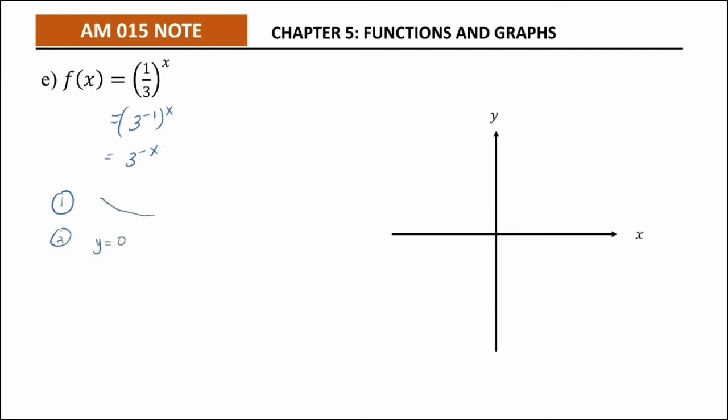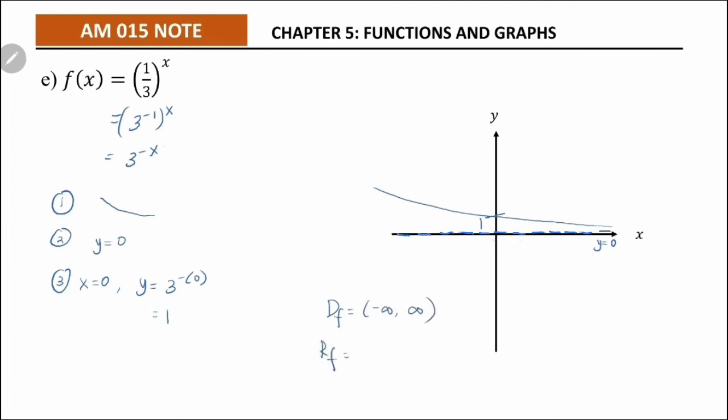In the sketch, the asymptote is at y = 0, and the graph goes from positive x to negative. f(x) crosses the y-axis at x = 0. When x = 0, y = 3^0, so 1. The domain for f is from negative infinity up to infinity, and the range of f, with the lowest point of the graph at 0, not included, is up to infinity.